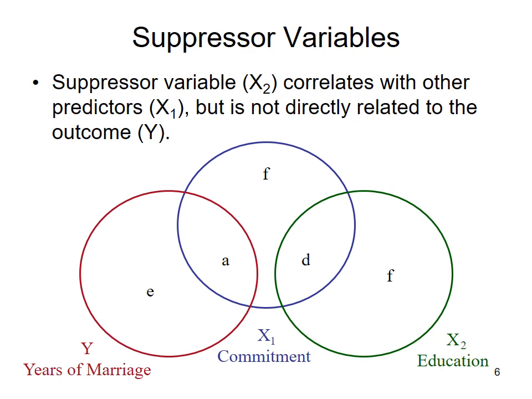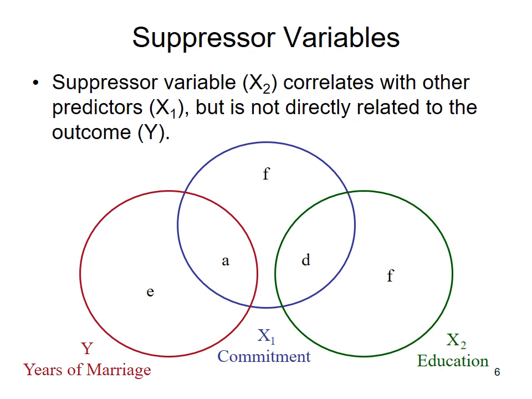So the more committed you are, the more education you get. Now what can happen here with the suppressor variable is two different things can happen. Again, this is a static picture, but remember that when we're calculating any statistical technique, we are including estimates of error or variance. In other words, F may be more related to years of marriage than we think. It may be less related to years of marriage than we think. It may be less related to education. It may be more related to education.